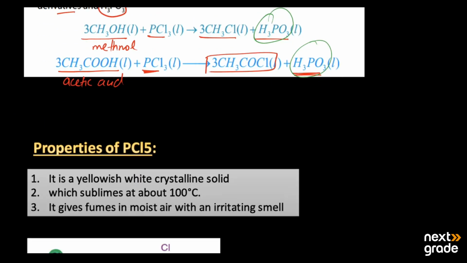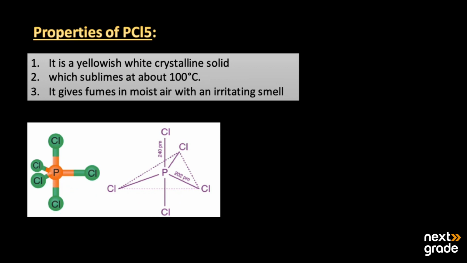After this, we have some properties of the second halide of phosphorus, which is phosphorus pentachloride. It is a yellowish white crystalline solid and it can easily sublime at 100 degrees Celsius. Sublimation is a process in which a solid is directly converted into gas or vapors.